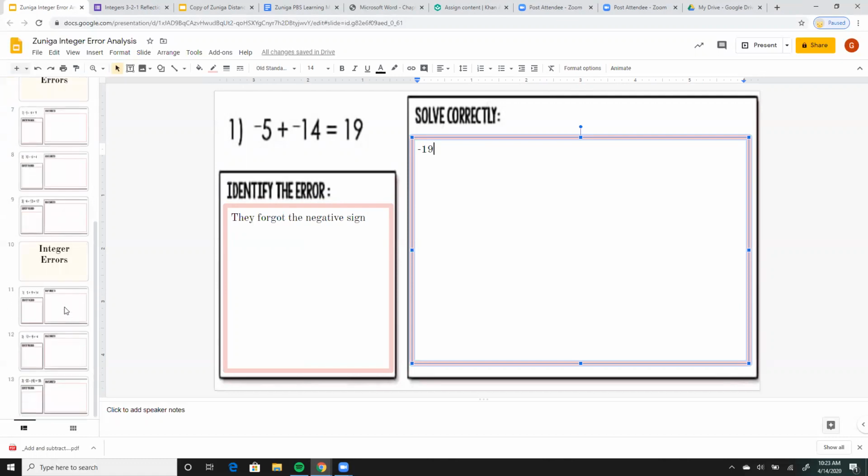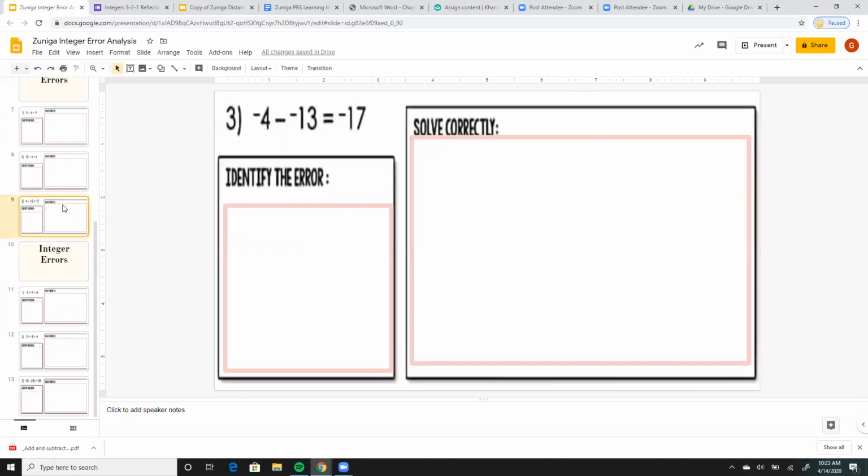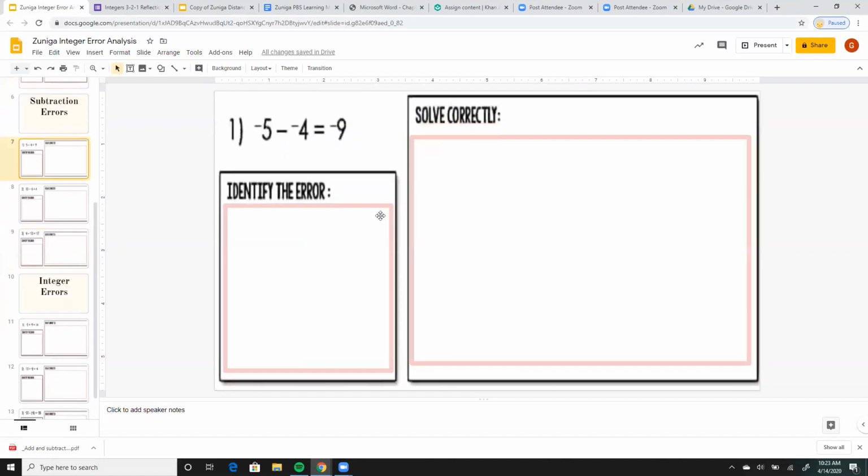I'll do one more example. Sorry, I was looking for a subtraction problem. Here I have negative 5 minus negative 4 equals negative 9. After you watch the videos or do any of the other assignments, you'll understand that I need to add the inverse. Inverse means opposite.